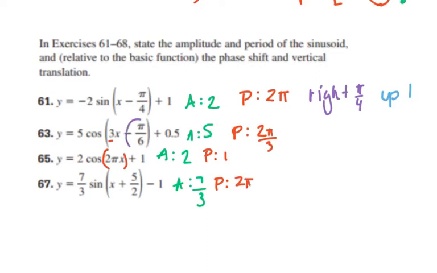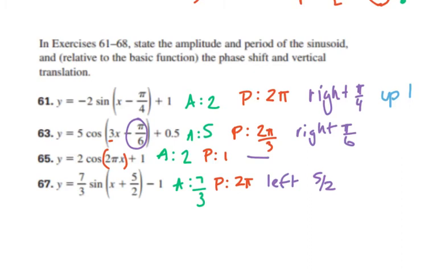Then based on what we have here, we're moving right pi over 6 in order to start our cosine function. This one here is not right or left, so we don't have one of those. And then 5 halves is how we're shifting this next one, so left 5 halves.